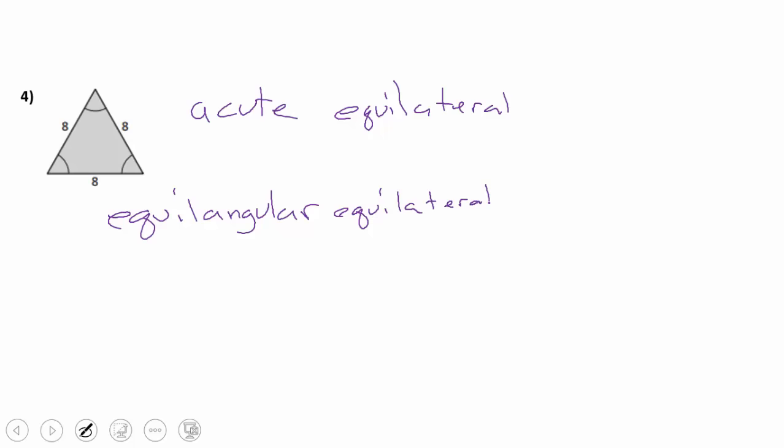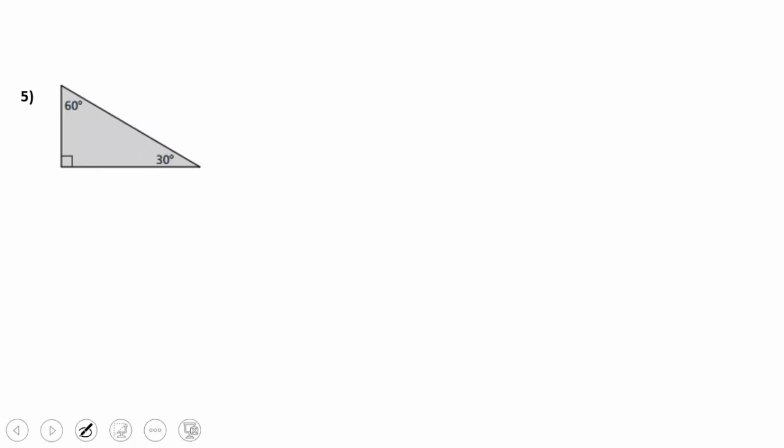So you could call it acute equilateral, or you could call it equiangular equilateral. You will see it both ways. And lastly, we're taking a look at this one that has, again, a right angle symbol in it. So we're going to call it a right triangle. And none of the sides are the same, so it would be scalene.